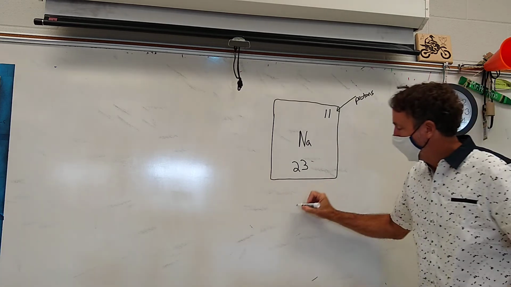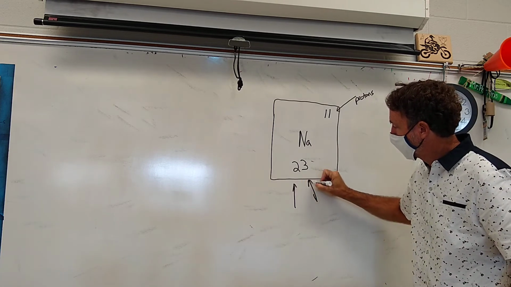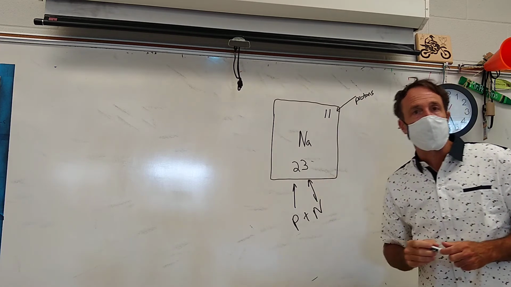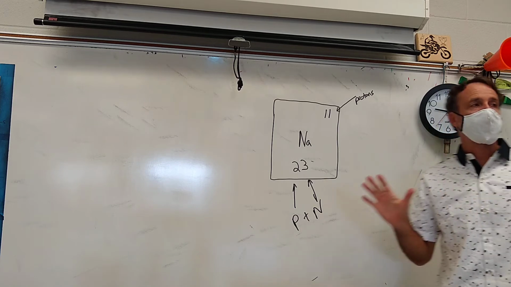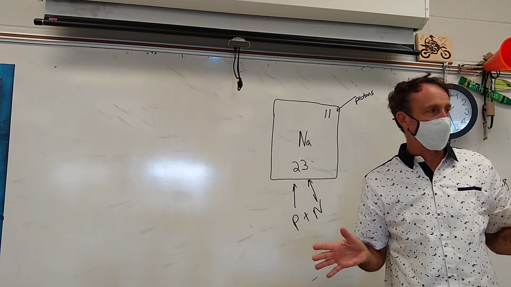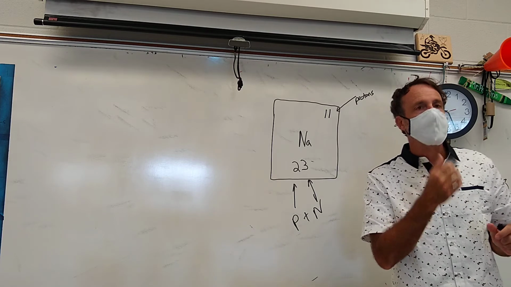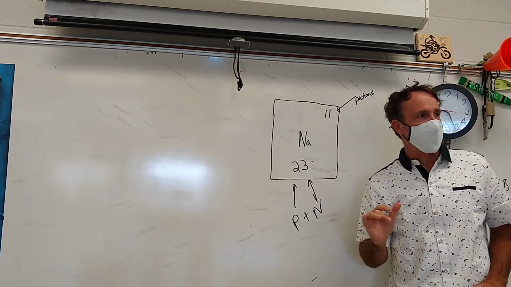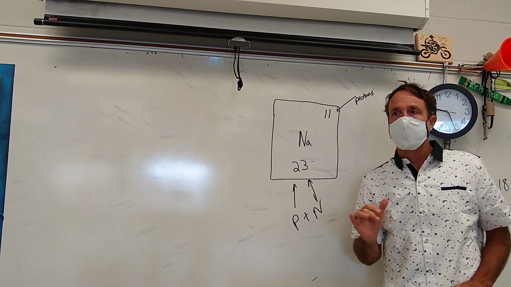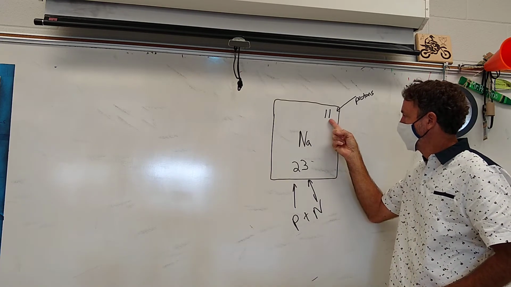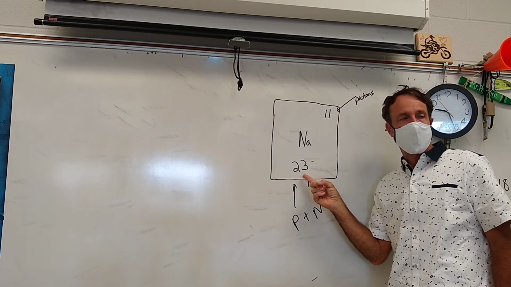The atomic mass is the combination of protons and neutrons. Because remember, the electrons are so small that we don't even count their weight because they don't add up to anything. Does that make sense? You've all seen this, I bet, in the 8th grade, right? Okay, so if we're looking at this, sodium has 11 protons and it has an atomic mass of 23.